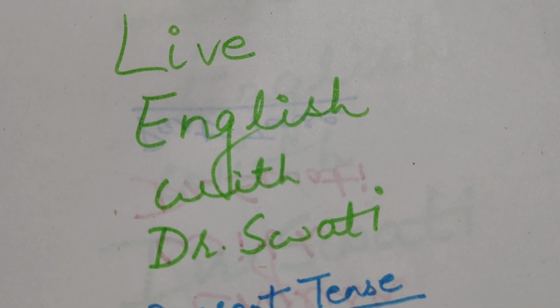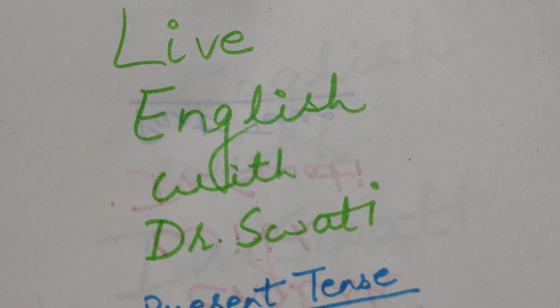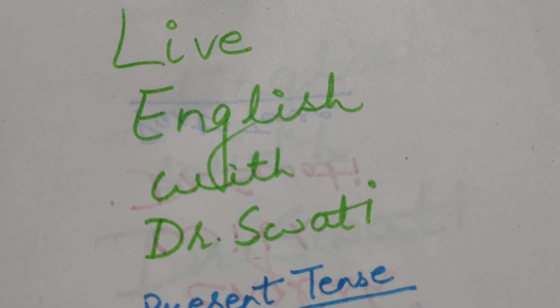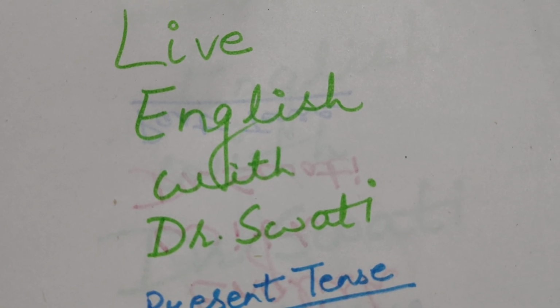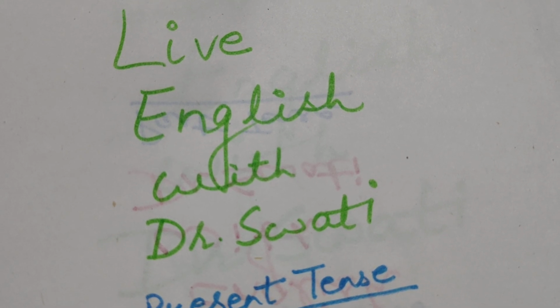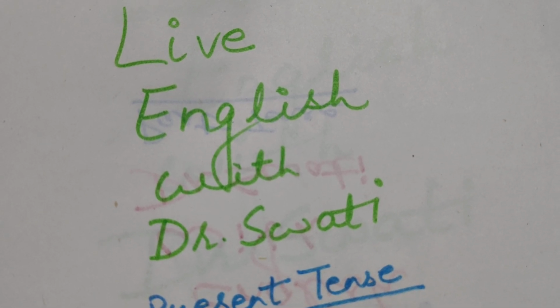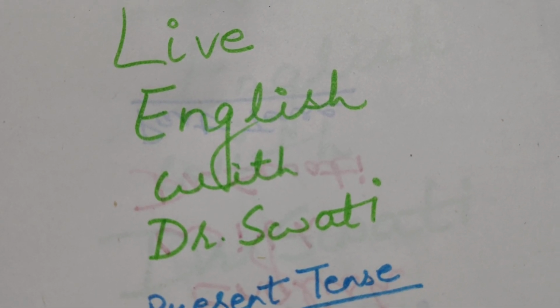In the same way, when you have to introduce a quotation, you will be using simple present tense. For example, Keats says, Keats is a poet. He says that a thing of beauty is a joy forever.